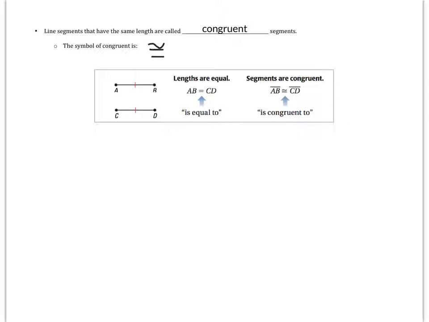So this would be read as segment AB is congruent to segment CD. So if I'm talking about their lengths, I use an equal sign and I don't use the symbols. If I'm talking about congruence, I use the symbol for segments and a congruence symbol. Very subtle difference, and they mean basically the same thing, but you just need to be aware of this difference.